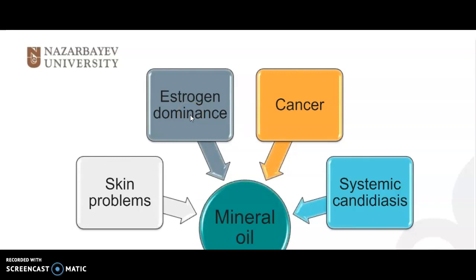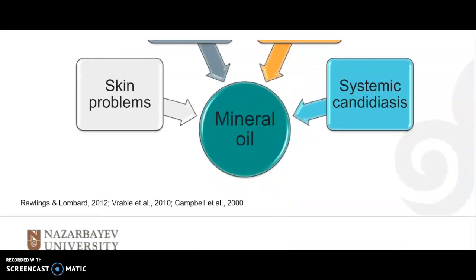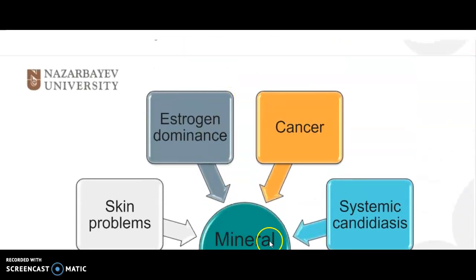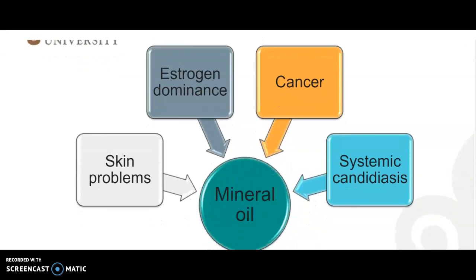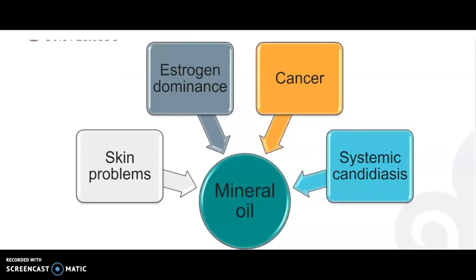But having read this source, now I realize that it is an important direction in my research, and in the future I intend to dig a little deeper in that area. This source was very important to show that there is a link between estrogen dominance and mineral oil. What is estrogen dominance? For the non-specialist, what that means is blah blah blah. Very, very briefly.